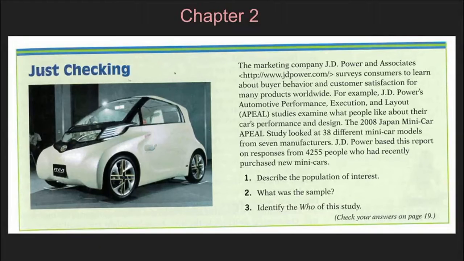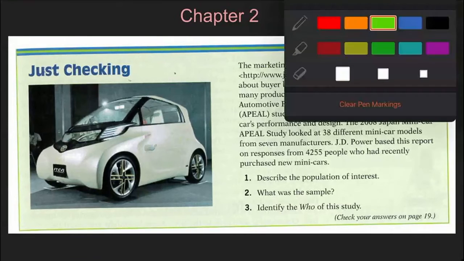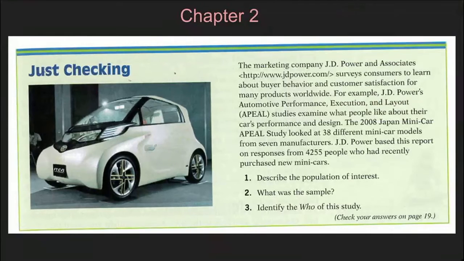The 2008 Japan Mini Car Appeal Study looked at 38 different mini car models. And so this one, again, it doesn't make very explicit what the population of interest is, like who we want to learn about. But again, with these companies that are studying, like consumer reporting companies that want to provide information on cars or TVs, whatever it is, they're probably wanting to know about every single one of those things.